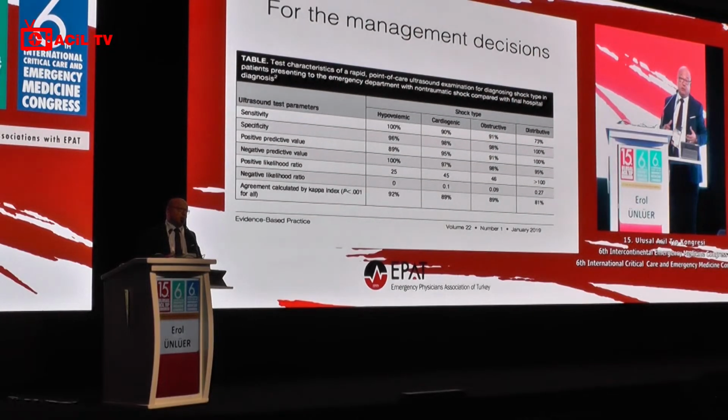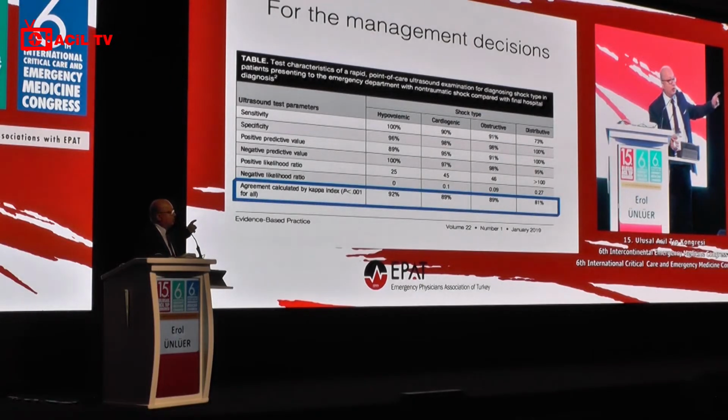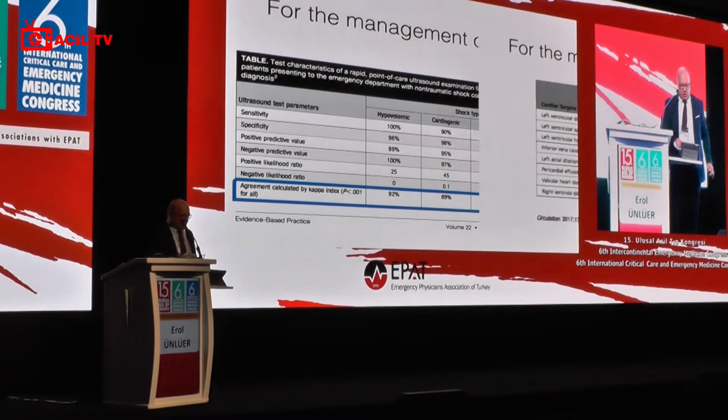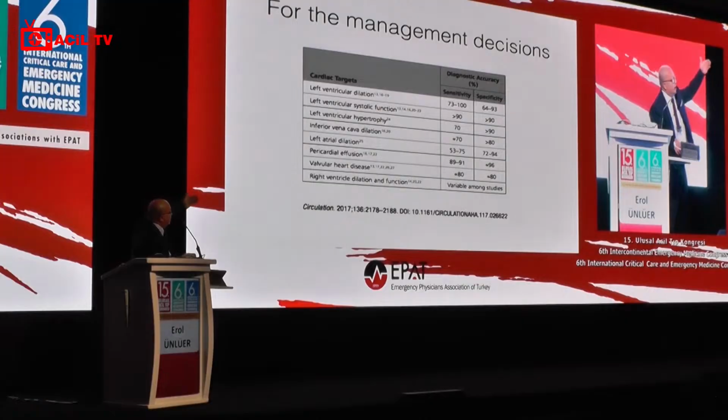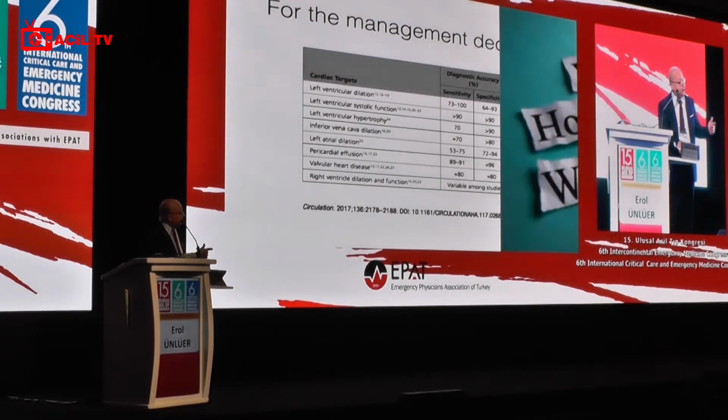We can even use our ultrasound machine to differentiate our patients' shock types: hypovolemic, cardiogenic, obstructive, and distributive shock, with a high agreement, of course, over 0.8. Also, we can diagnose a lot of cardiac pathologies with our ultrasound probe with high sensitivity and specificity percentages.